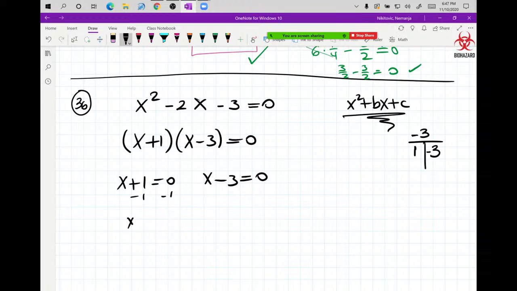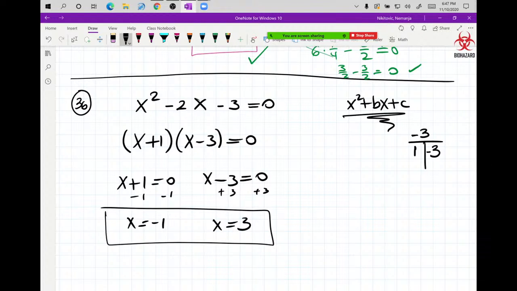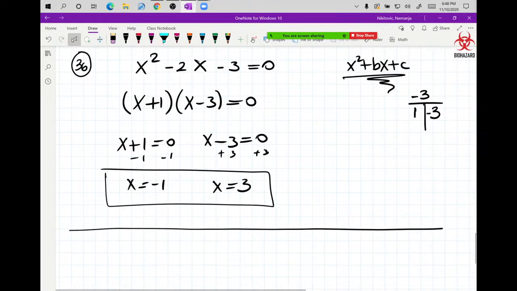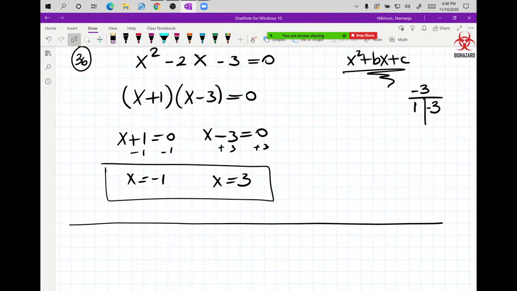Subtract 1, x is negative 1, add 3, x is 3. So that was that harder factoring.